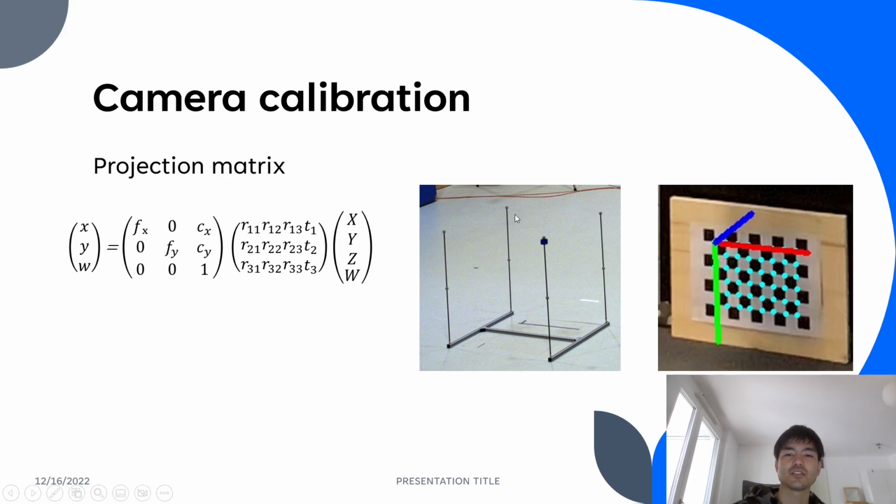And you will get 3D points, and you also have to know the 2D points from the camera frame, and those 3D points and 2D points have to correspond, right?